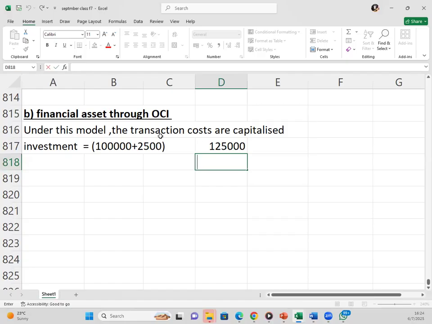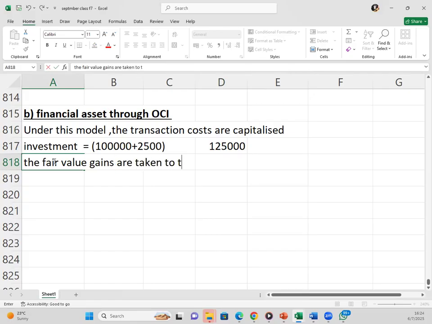Then under this model, the fair value gains are not taken to profit and loss, but they are taken to other comprehensive income, which is the OCI.